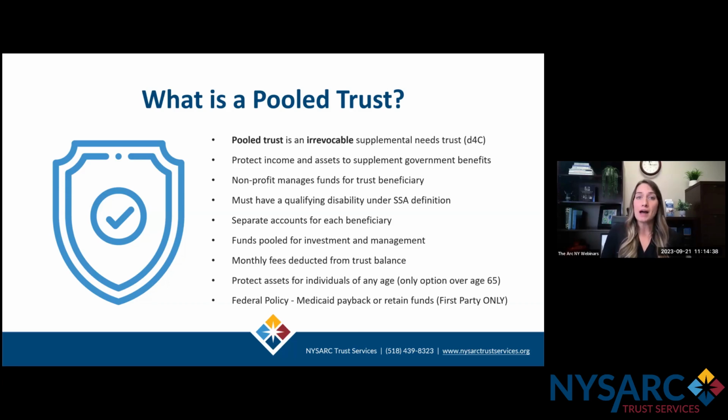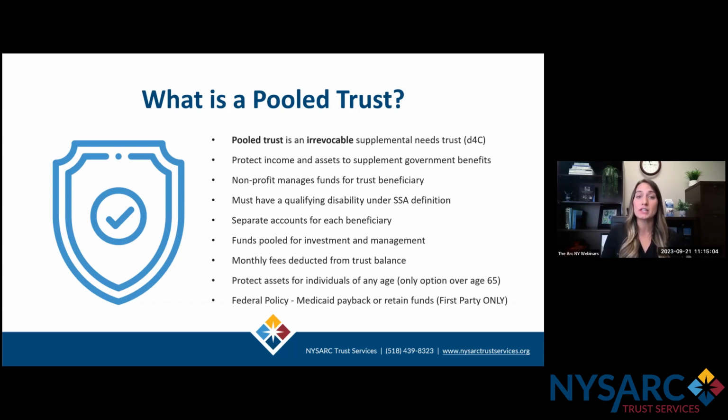And under federal policy, just like any supplemental needs trust, when it's a person's own money funding it, there is a payback provision that upon the death of the beneficiary, if there's money left in the account, it either needs to be retained by the not-for-profit that's administering the account or paid to Medicaid, up to the amount of any outstanding Medicaid liens.